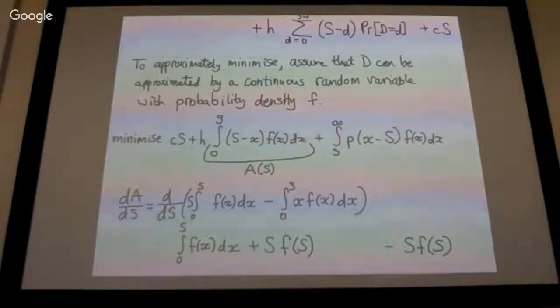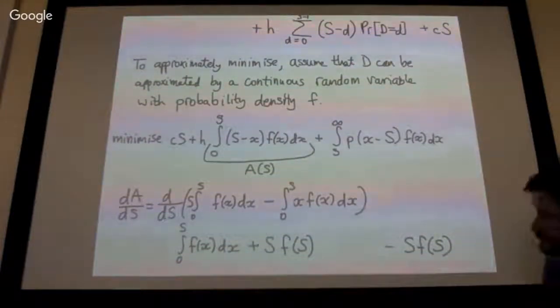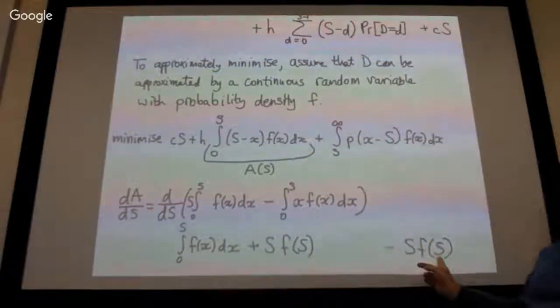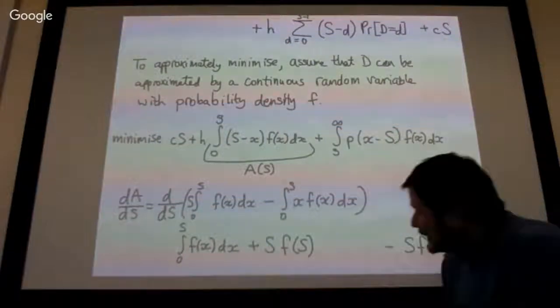Explain that first part to me again. The integral from 0 to s of f(x) dx, and then it's plus s f(s). I know where you got that from. What you're differentiating is s times this integral.